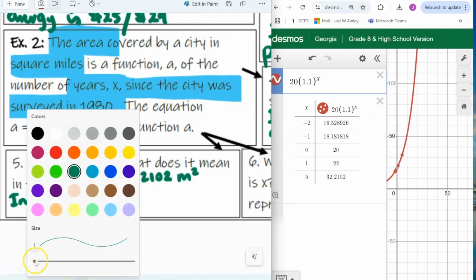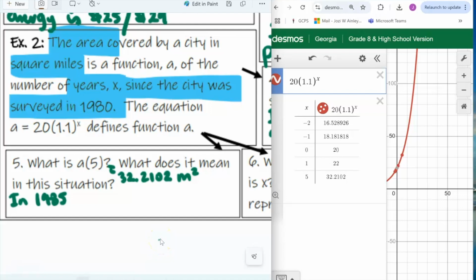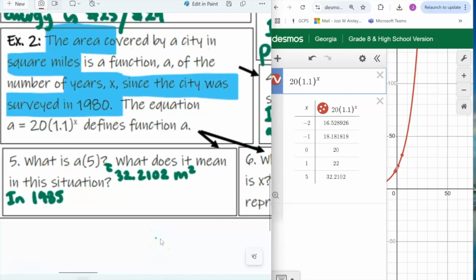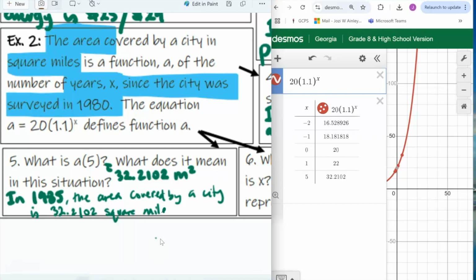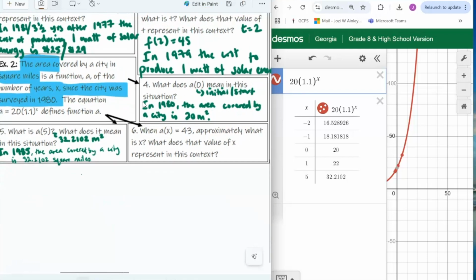So in 1985, the area covered by a city is 32.2102 square miles. So all we're doing is just writing it in function notation.